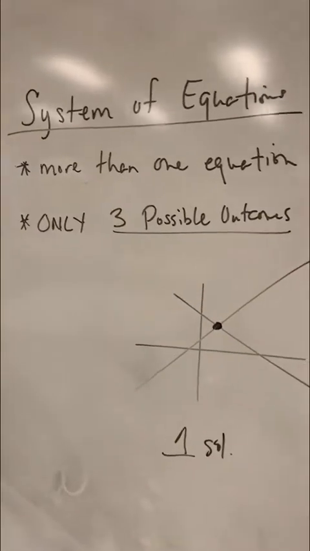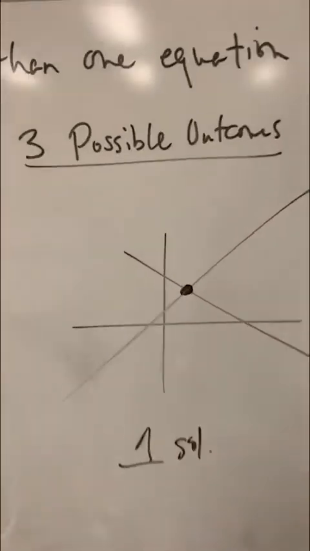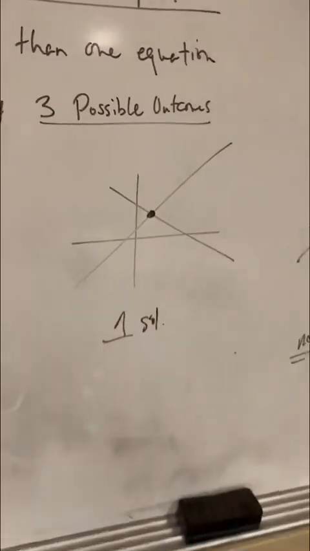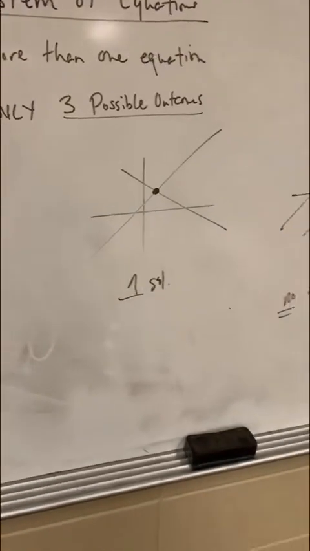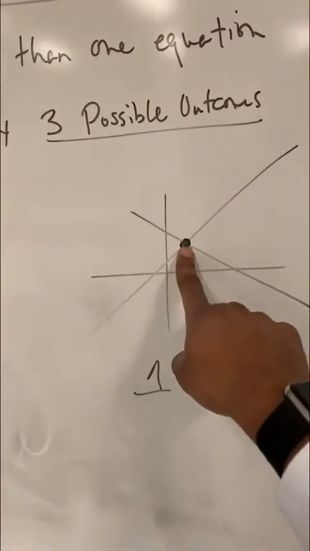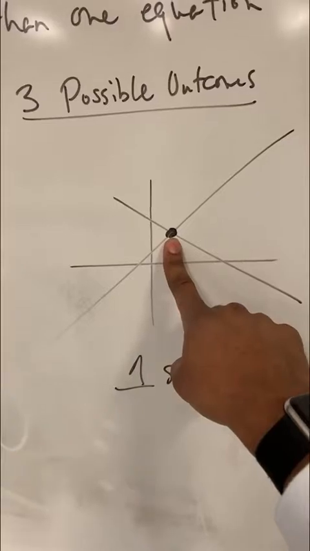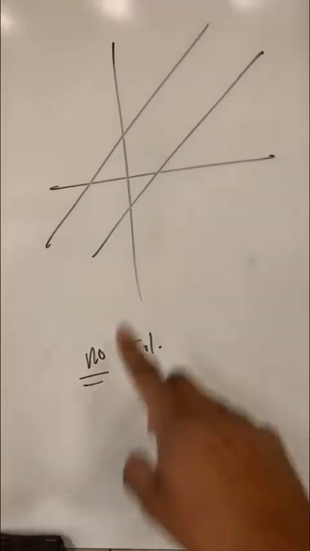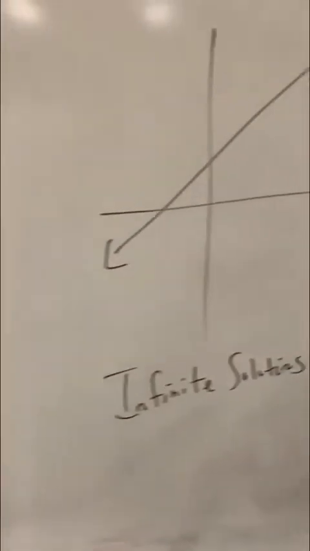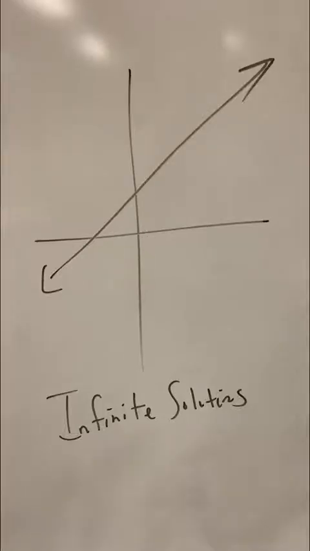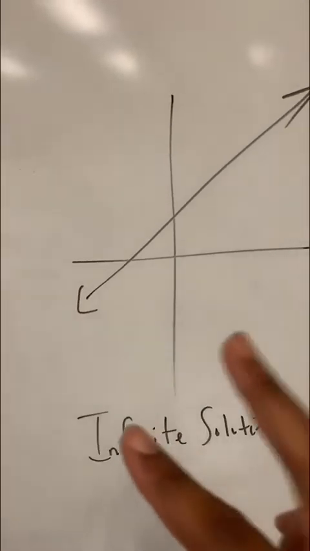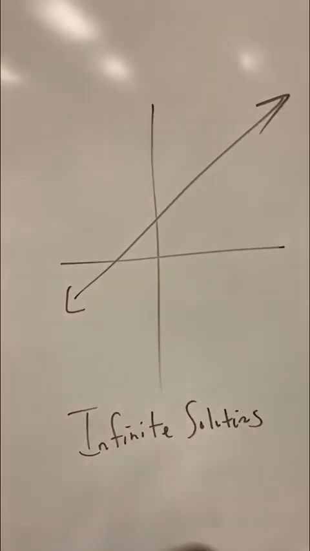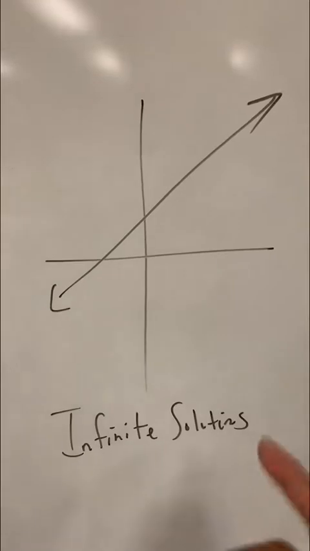There's only three possible outcomes. That's it. I don't care how many types of problems you are given. Only three things could possibly happen. Either you're going to have an intersection, which gives you one solution at the intersection, or you're going to have no intersection, that's no solution, parallel lines, or you're going to have infinite solutions. That means both equations, or all the equations, happen to be the same equation.